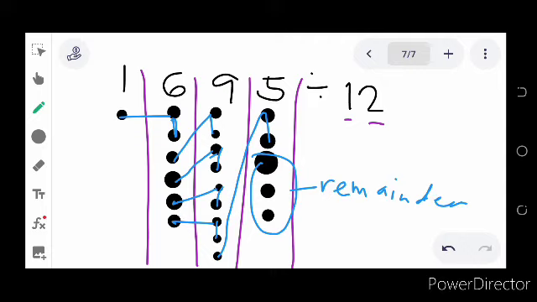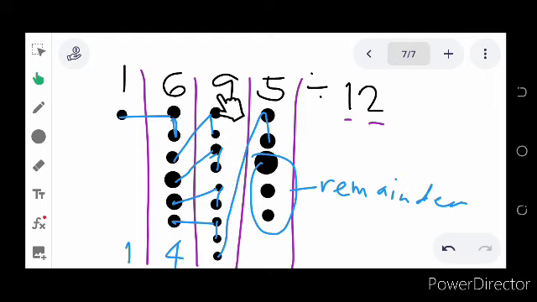And to get the quotient, same thing that we did in our previous examples. Count how many connections have been started in each column. In this column here, you have one connection. In this column, you have 1, 2, 3, 4 connections. In this column, you only have one connection because these connections started here.